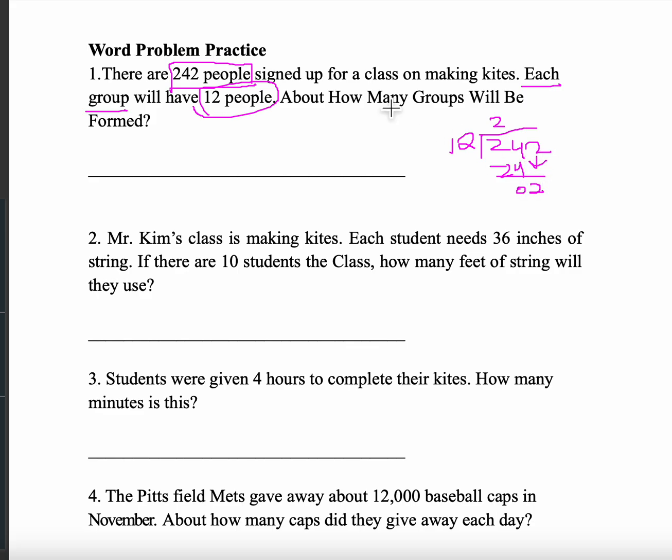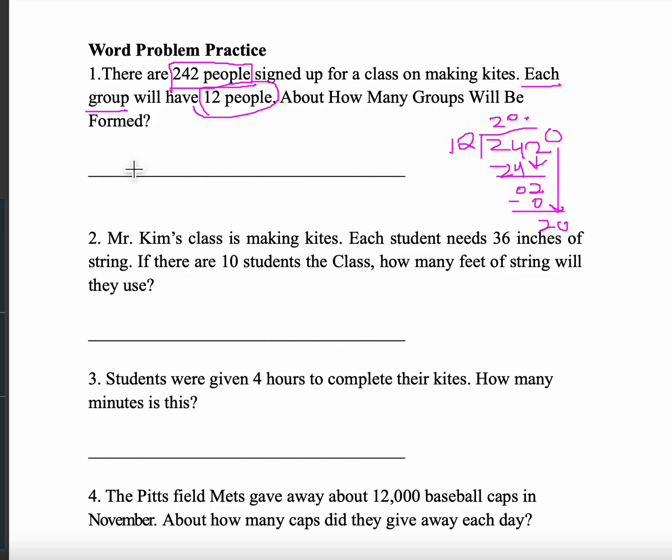Now, 12 goes into 2 0 times because 2 is smaller than 12. So we would put 0. 12 times 0 is just 0, so we're left with 2 again. Now, we can keep on going. We can keep on adding zeros and multiplying.